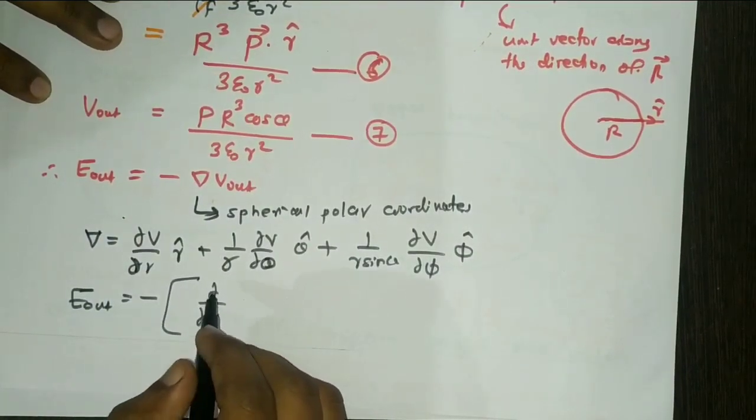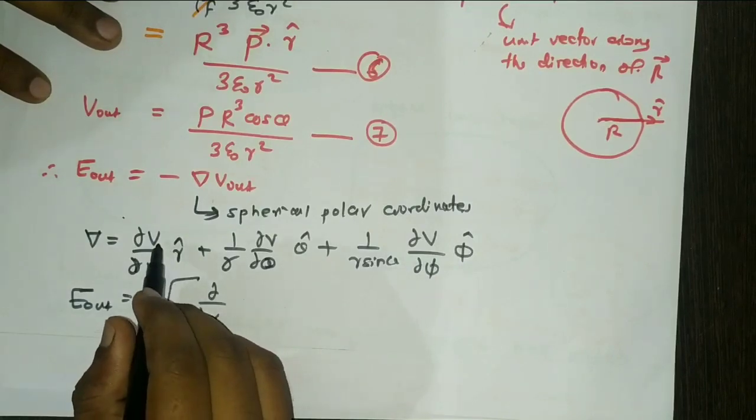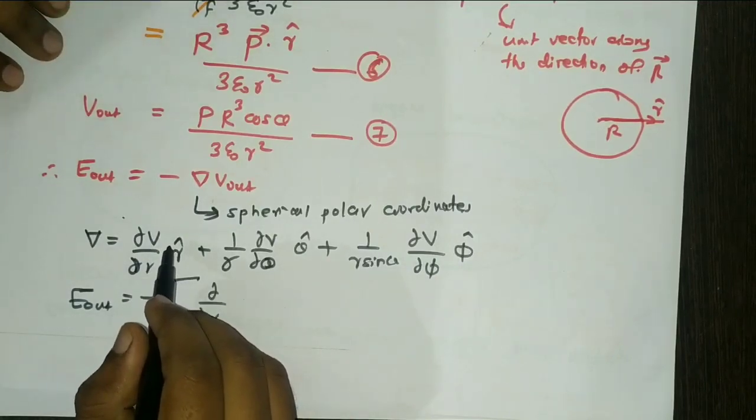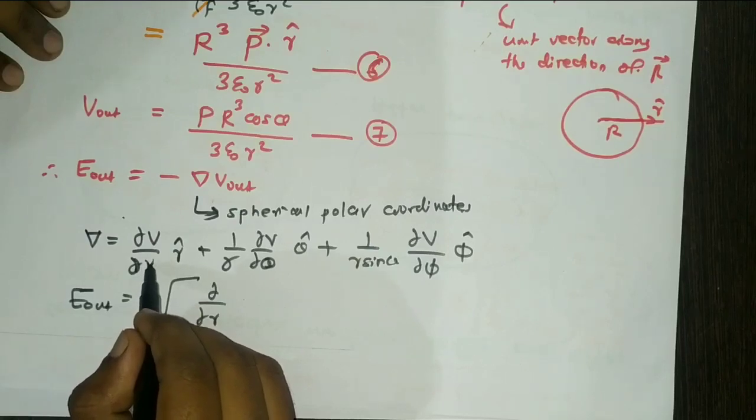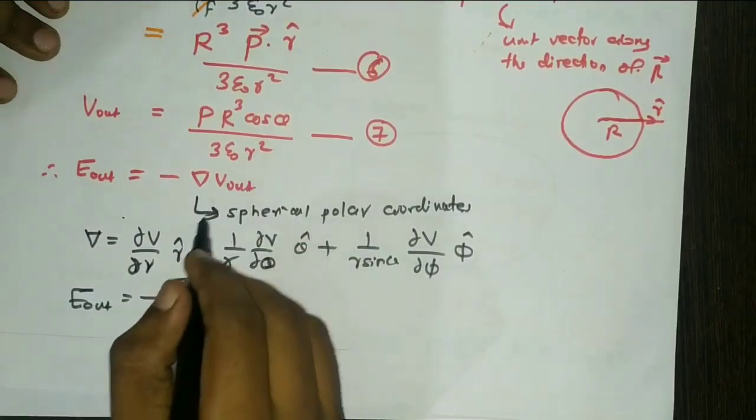dou by dou R. Here there is an R dependence of this potential.